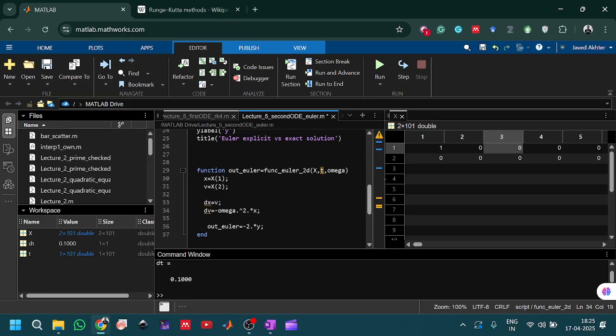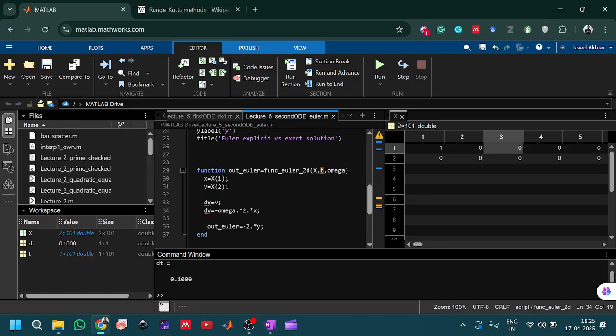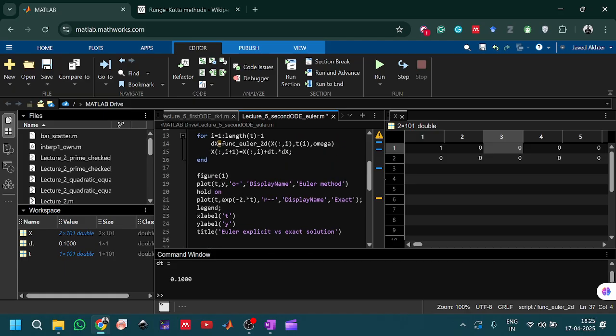Once you get this dx and dv, you want to store it in an array and return it. So in out Euler you can store this too, and you want to store along the column. So you will put a semicolon. So dx dv. Okay, so maybe it will work now.